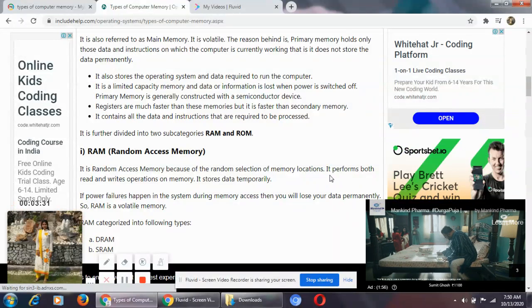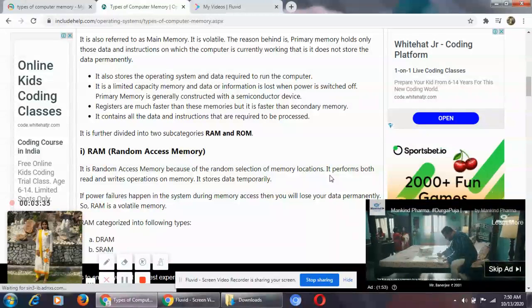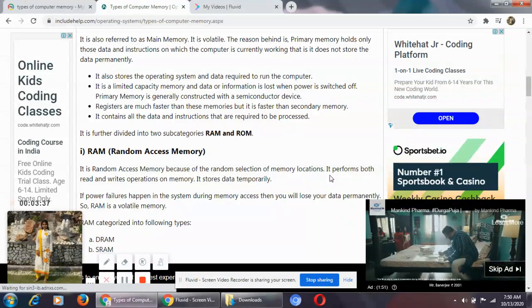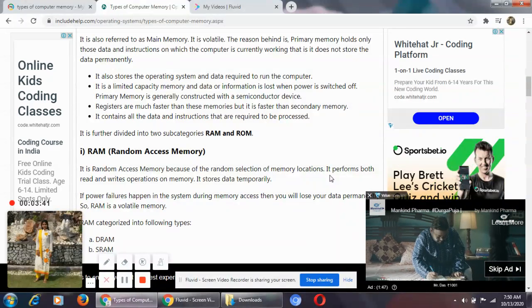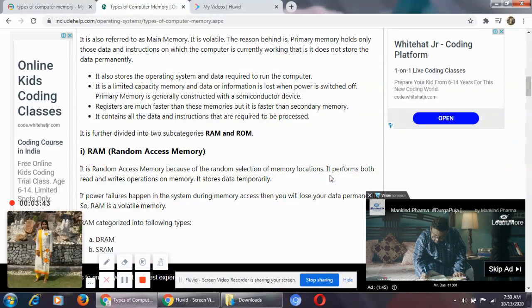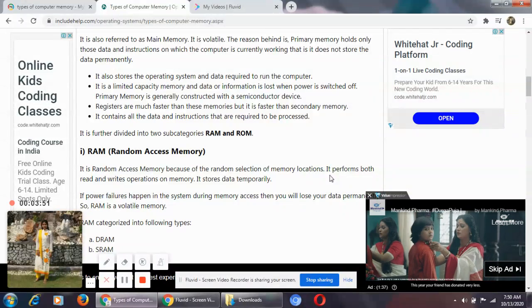Internal memory is also called primary or main memory. It is the built-in memory. Built-in memory means it is already there in your computer system, designed to store data and instructions while the computer is working.